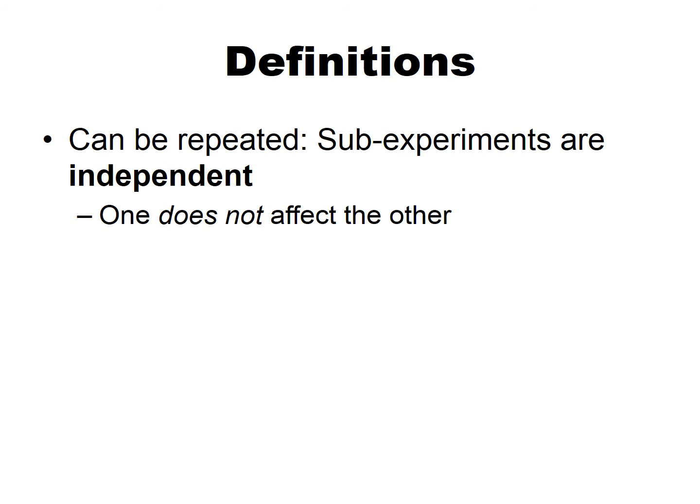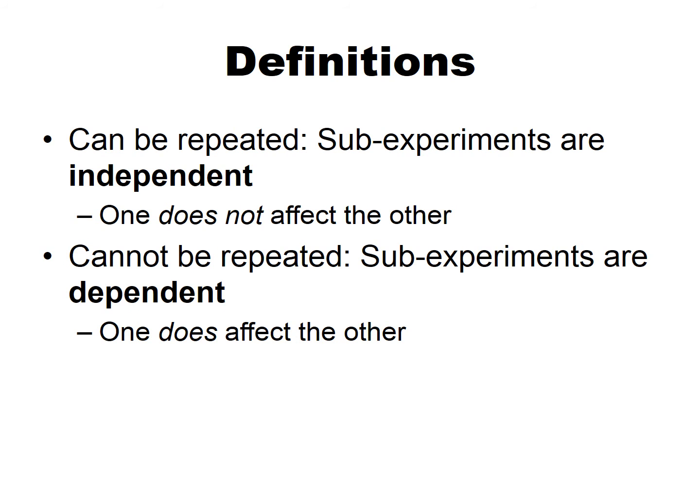Same for the digits. Now, in the second example, where things cannot be repeated, the sub-experiments are said to be dependent. And that's just the opposite of independent. So dependent means that one does affect the other. Once I selected my first letter, that affects the possible choices for my second letter. So things are said to be dependent.